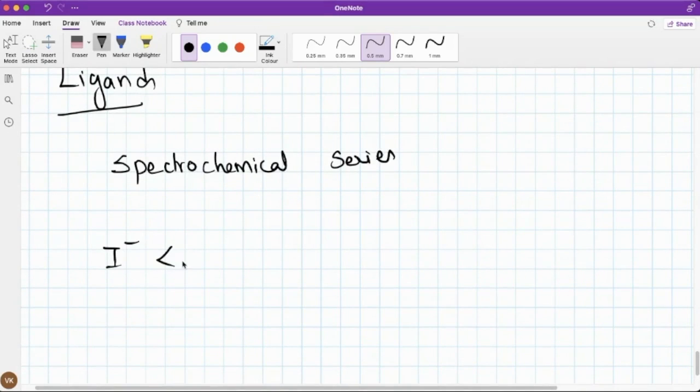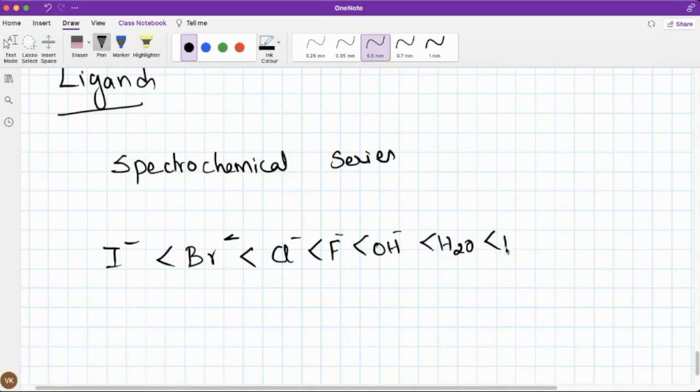So for example, here the splitting will be lower, and here the splitting will be higher.